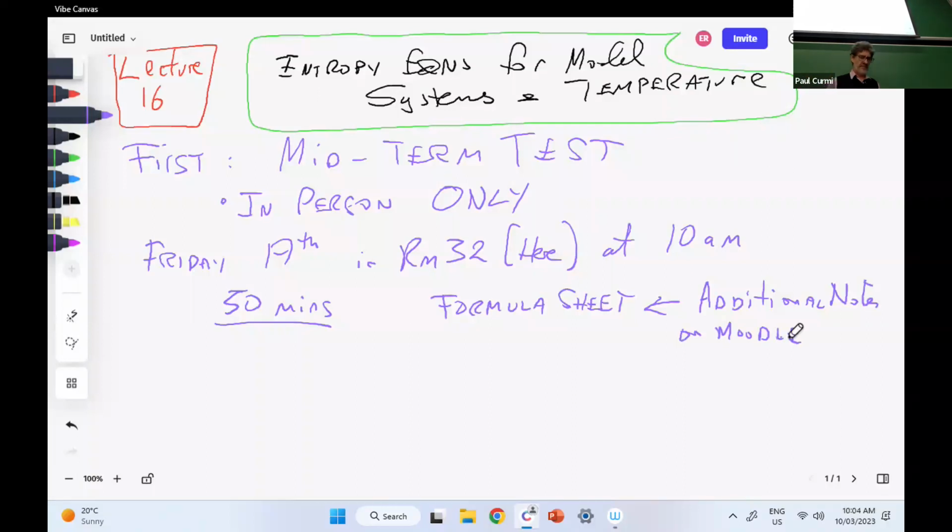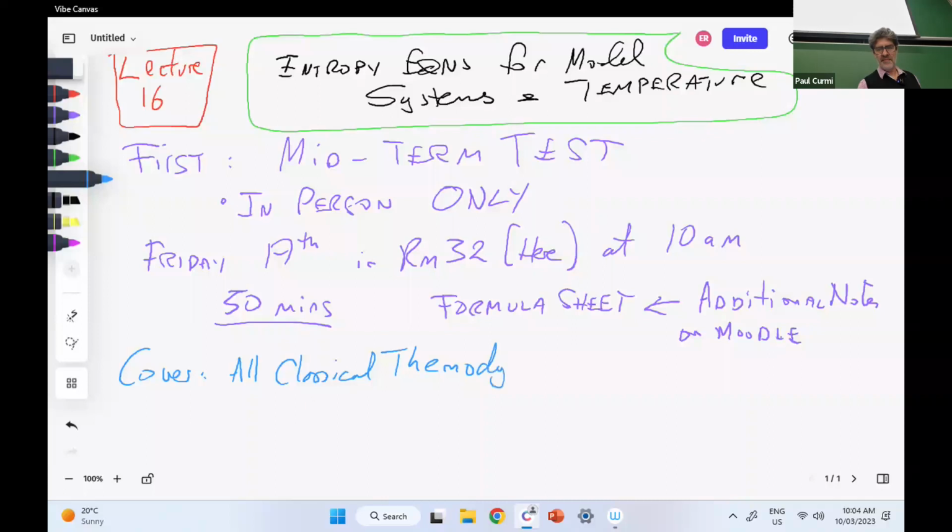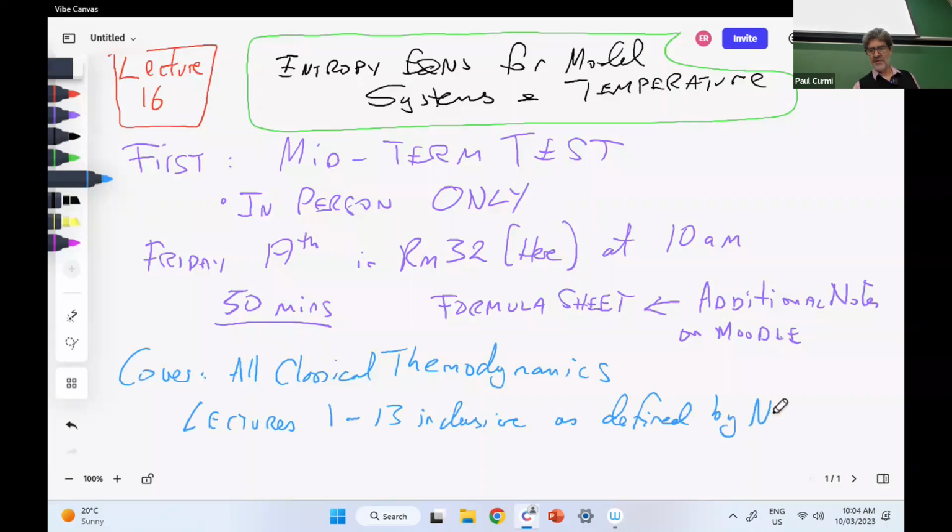It's the same. So what do I cover? All classical thermodynamics. Why not? You're about to do statistical mechanics, so this is lectures 1 to 13 inclusive, as defined by notes on Moodle.